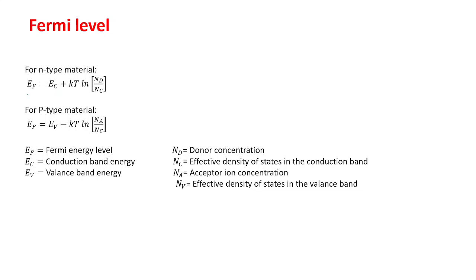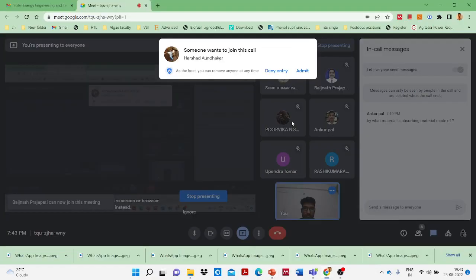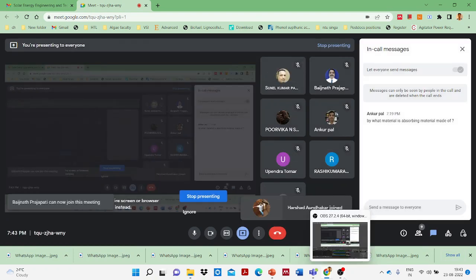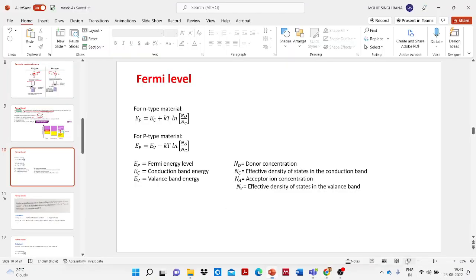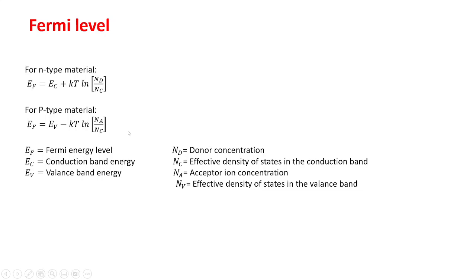For n-type materials, the formula is E_C, the conduction band energy, plus kT, where k is the Boltzmann constant and T is temperature, times the natural log of the donor concentration over the effective density of states in the conduction band, meaning the effective density of electron states in the conduction band.